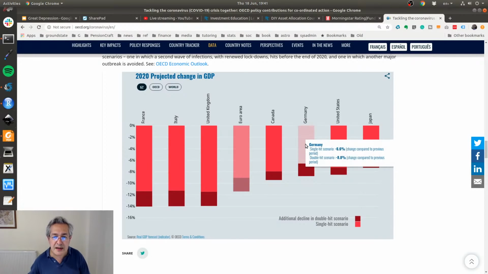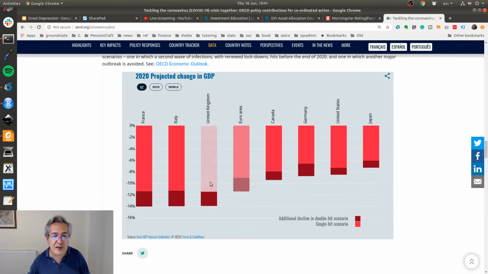And you can see Germany has a smaller impact, 8.8 if we get a double hit of the virus, 6.6 if we get a single hit, and that's considerably smaller than the UK, Italy and France. Okay, so those are about twice as big, the impacts. So yeah, from that point of view, Germany does look better.